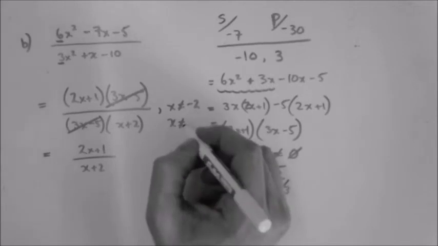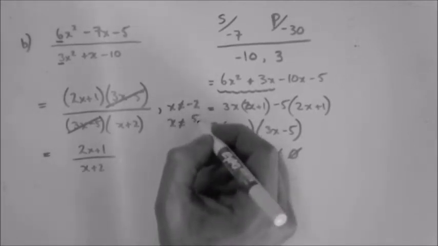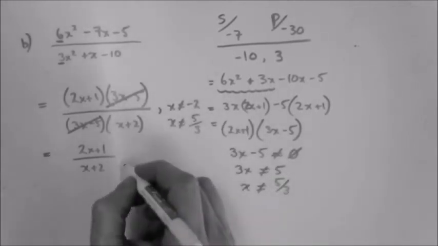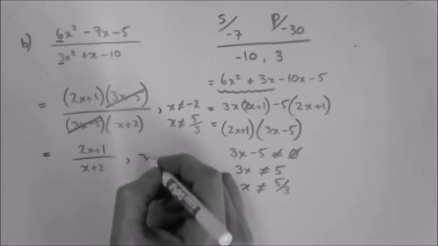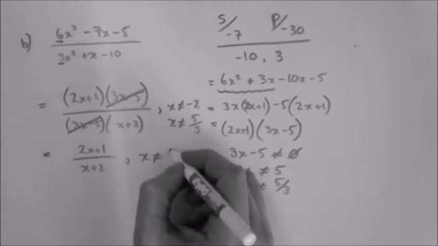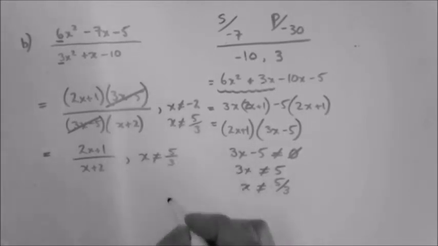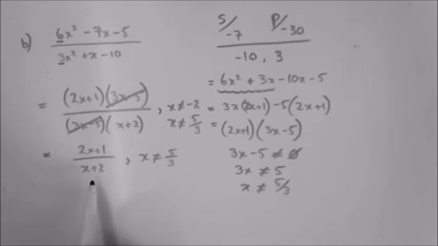So our other restriction is x can't be 5 over 3. Now that one I'm going to take down with me here, because that one's not already represented in the rational expression.